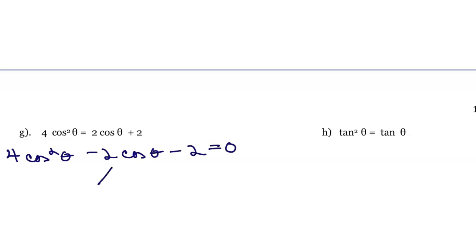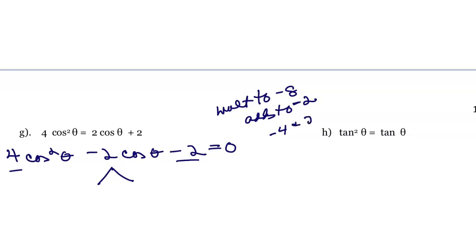Okay, decomposition is our mission. What multiplies to a negative 8, because I said negative 2 times a 4, and adds to a negative 2, that's this negative 2 in the middle. And my answers are negative 4 and a positive 2.